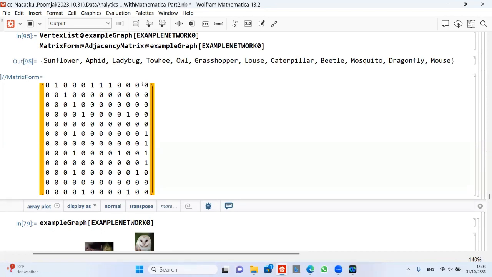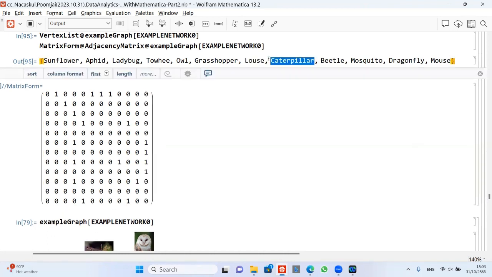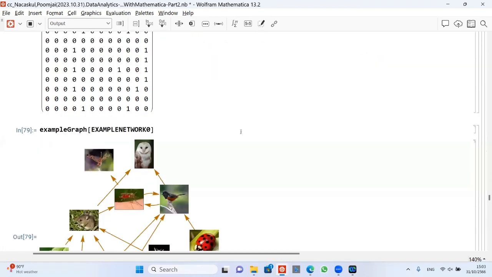That's mouse, right? So this one would be mouse eats what? Mouse eats the 6, 7, 8, 9. 1, 2, 3, 4, 5, 6, 7, 8, 9. So louse, caterpillar, beetle, and mosquito.